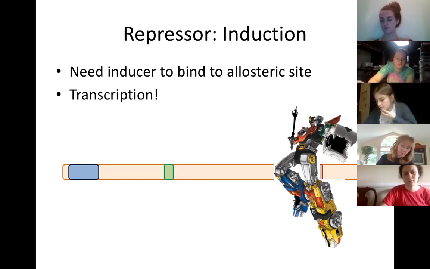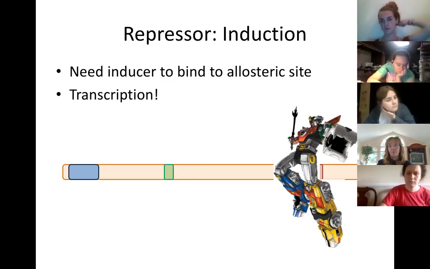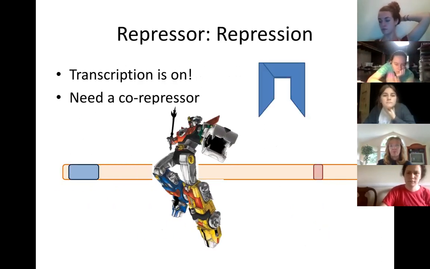There's not necessarily a universal inducer for these different genes. The inducer is a lot of times specific to something related to what that gene product is going to be affecting. And you'll see what that looks like in just a second.